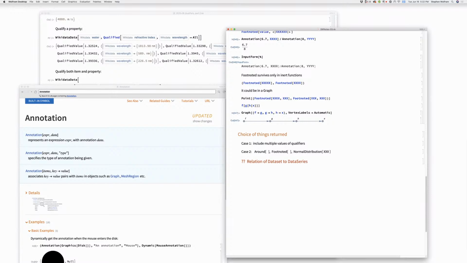In fact, maybe data series should just be a dataset. But normally in datasets, we're thinking about them as discrete data, not as being interpolated. Can you feed a data series to get an interpolation function out of it? Well, one would hope so.